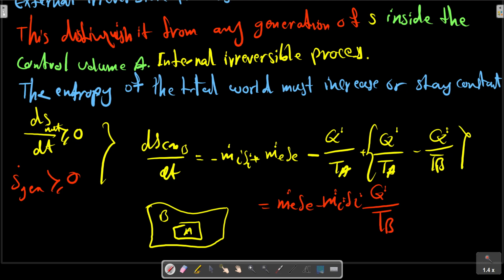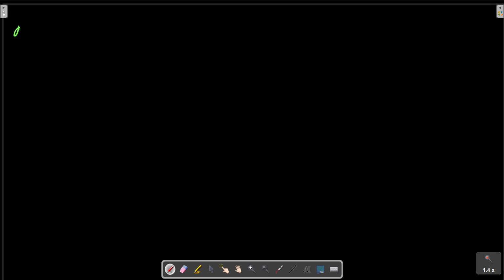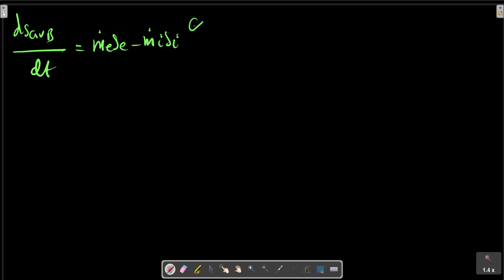For the steady state process, we realize that the first expression is equal to 0, so that all the entropy increase is observed in surrounding B. Let me write the relation again: dS control volume B on dt, for a steady state.